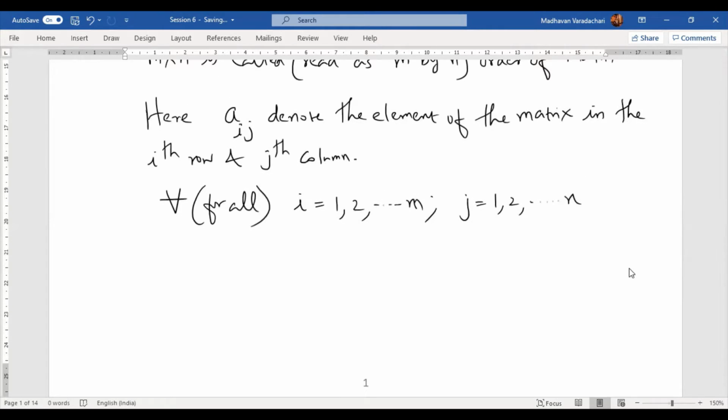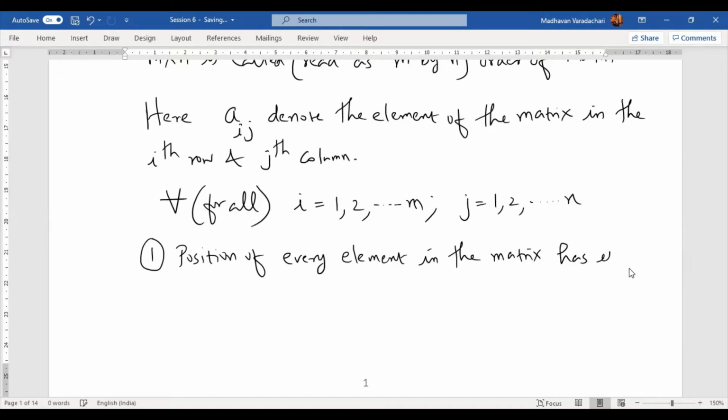So what are some of the learnings from a matrix? Number one, position of every element in the matrix has its significance. Means it is important. Every element is important in a matrix.